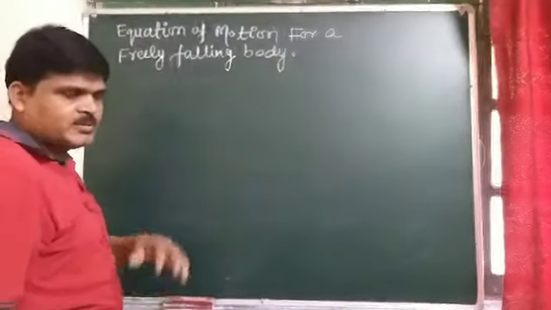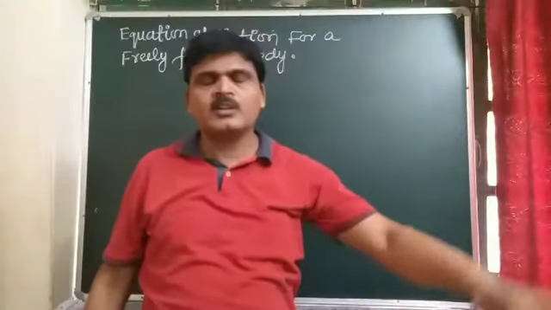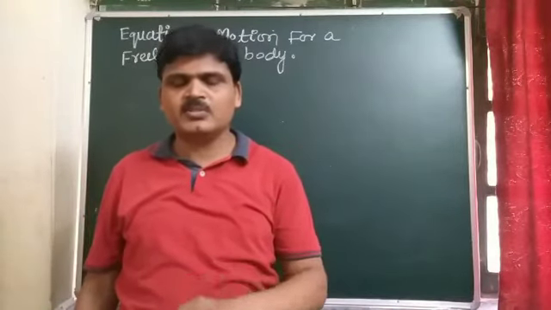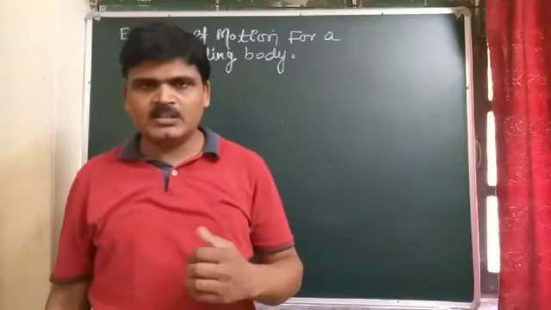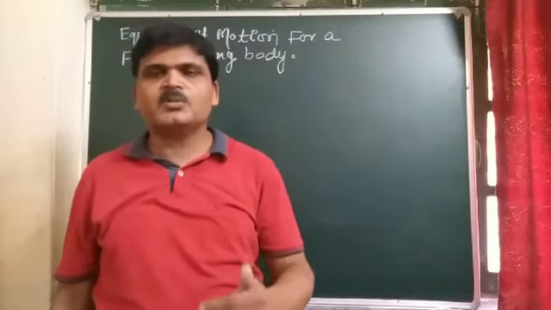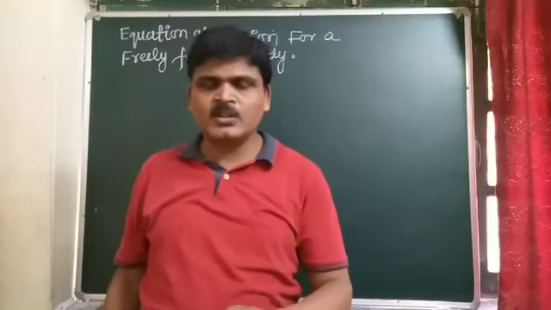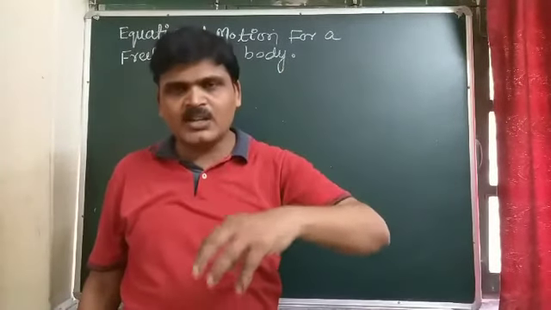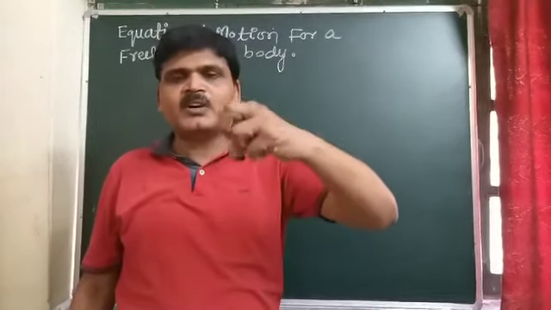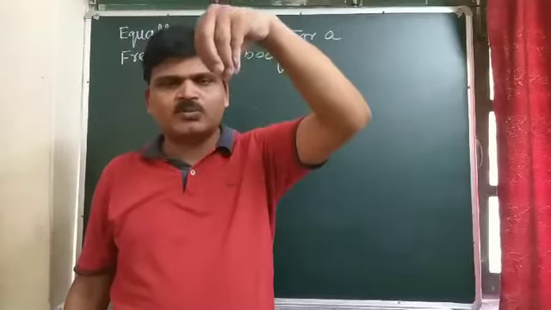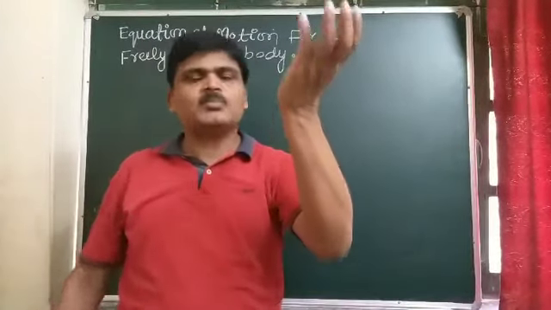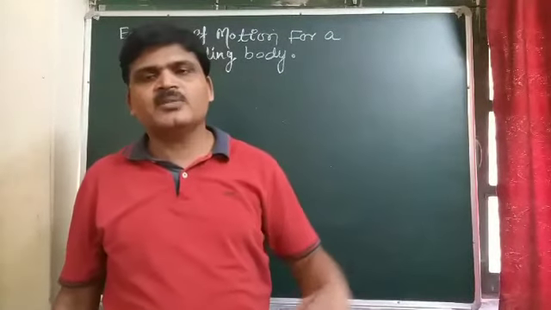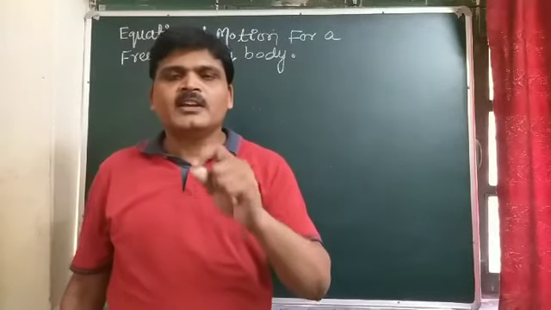And you know that there are three equations of motion in a straight line path: v equal to u plus at, s equal to ut plus half at square, and the third one is v square equal to u square plus 2as. Only when the object falls freely in the downward direction, or if the object is thrown in the upward direction, these three equations of motion will change.